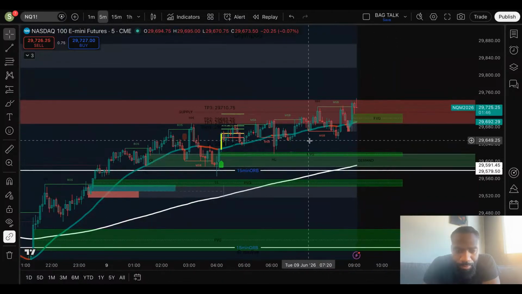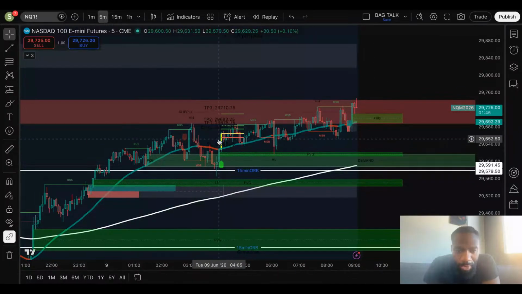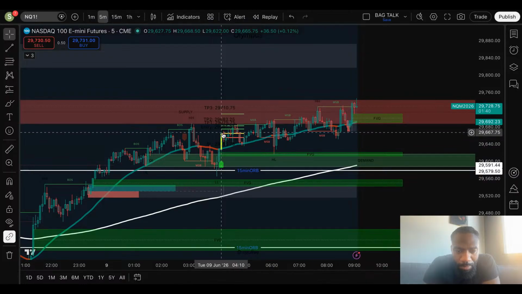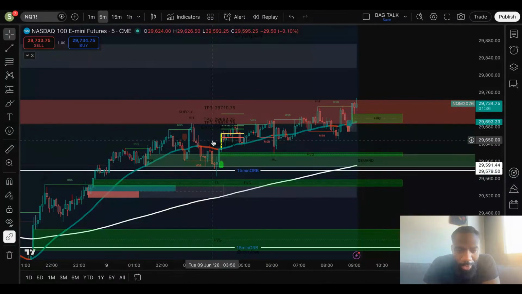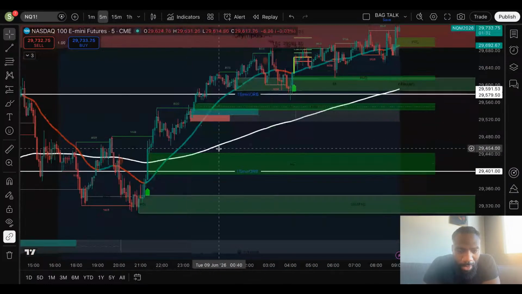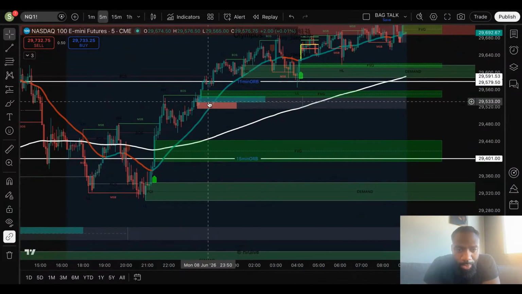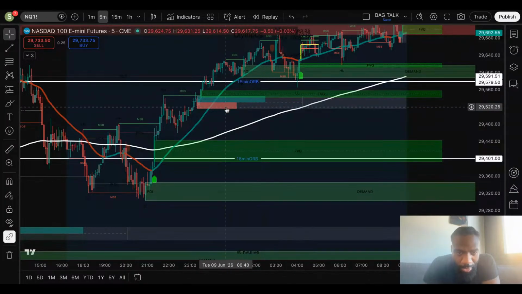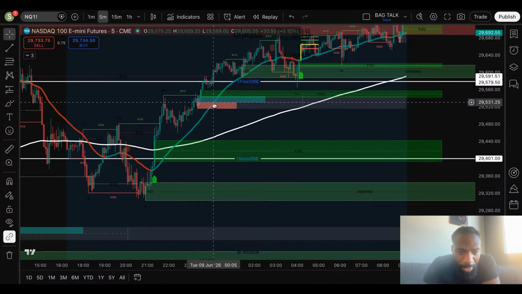Ultimately, if we see something similar to this, like a yellow candle, that's a good entry point with a green kernel, and we play off of that. We see these order blocks where the green is higher than the red box.